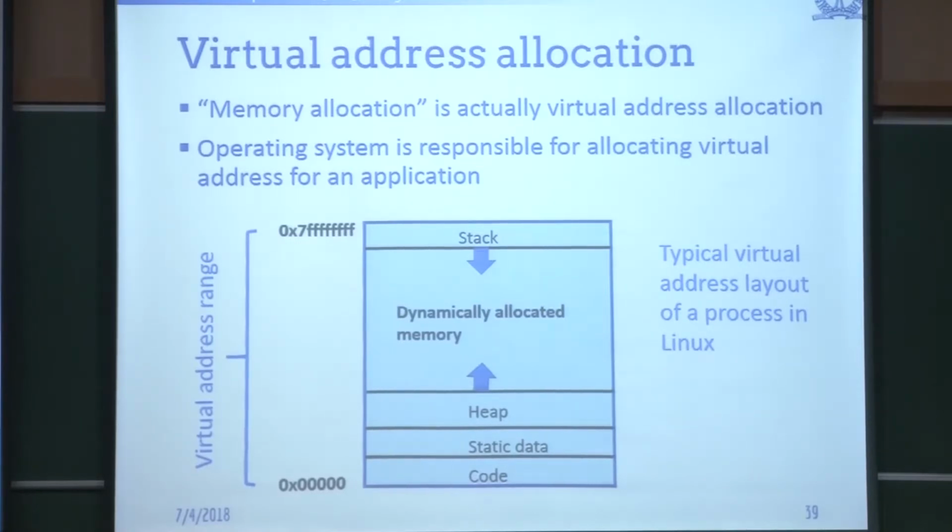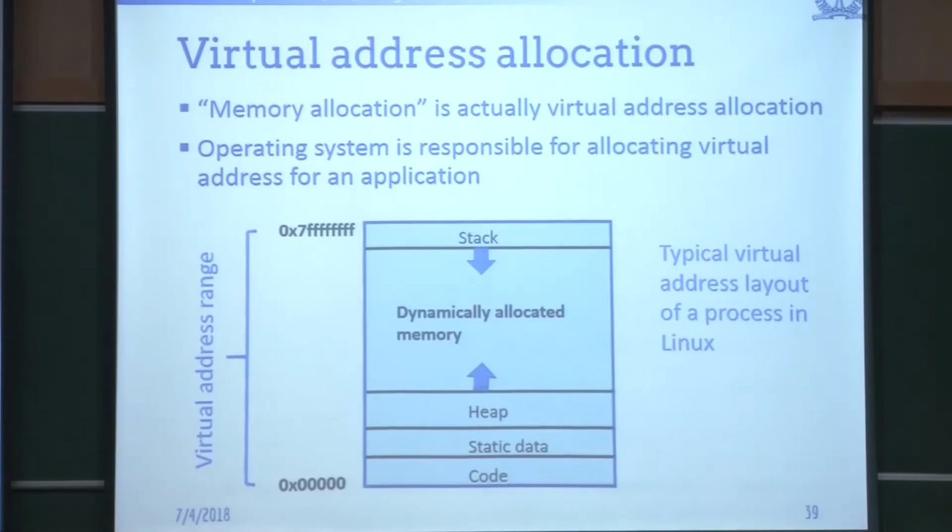At the end of the virtual address region, there is the stack that grows downwards. And in the middle, where all the interesting things happen, there is dynamically allocated memory. We'll talk about how it is allocated. When you want to allocate large chunks of virtual address space, this is most likely where things will get allocated, in the middle. And you can see this is really big. That's the typical virtual address layout.